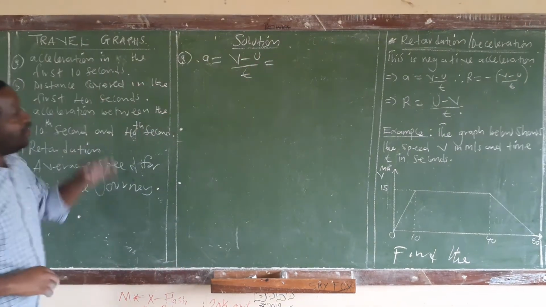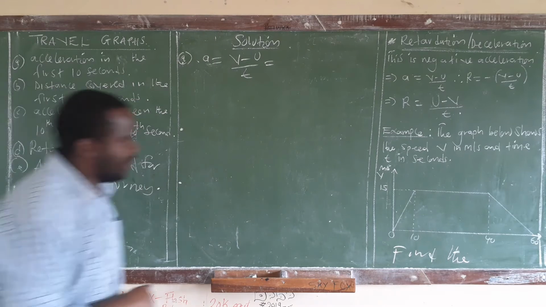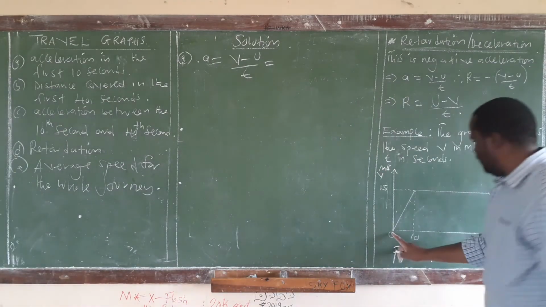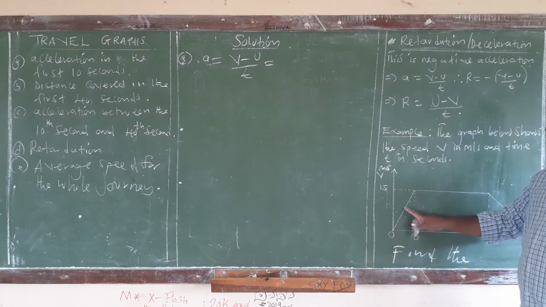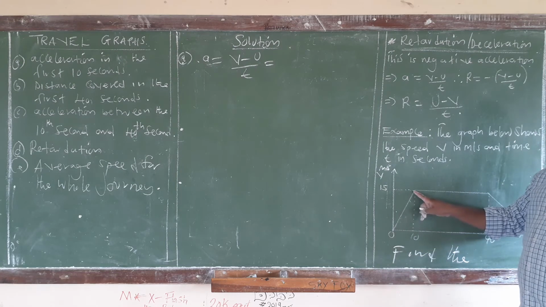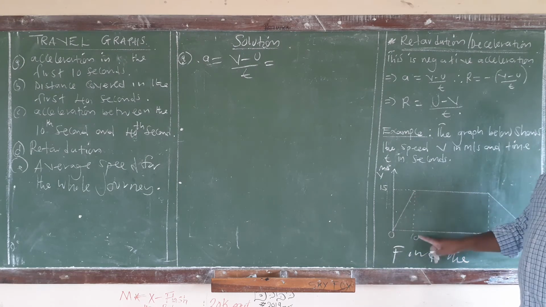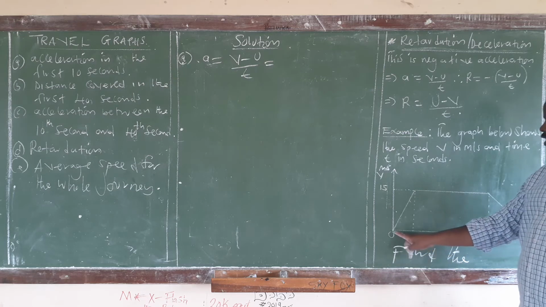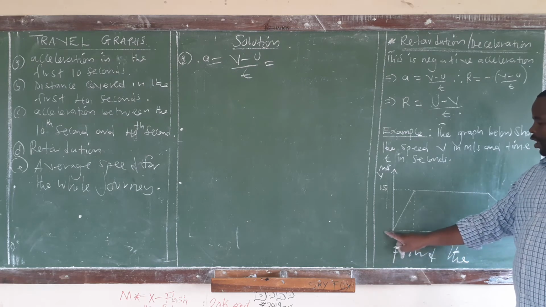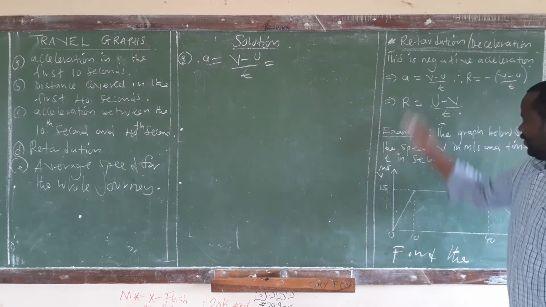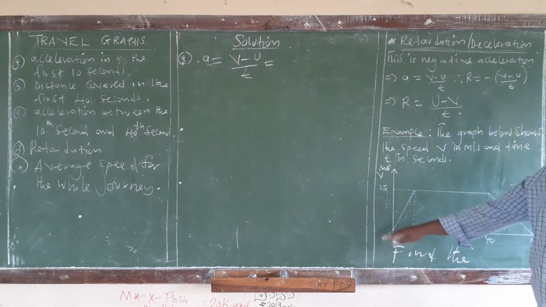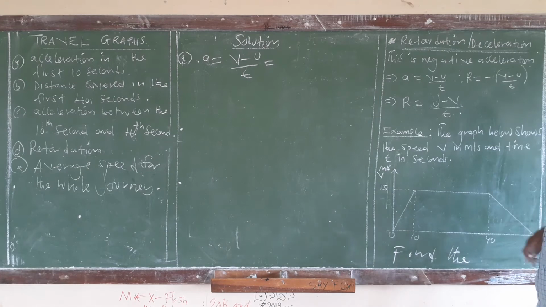Now, what is that v and u as well as t? So we can see that the object is starting from this point. Alright? So it moves with a speed of 15 meters per second for 10 seconds. Since the object is starting from here, this side, the vertical axis represents the velocity, then the horizontal axis represents the time in seconds.